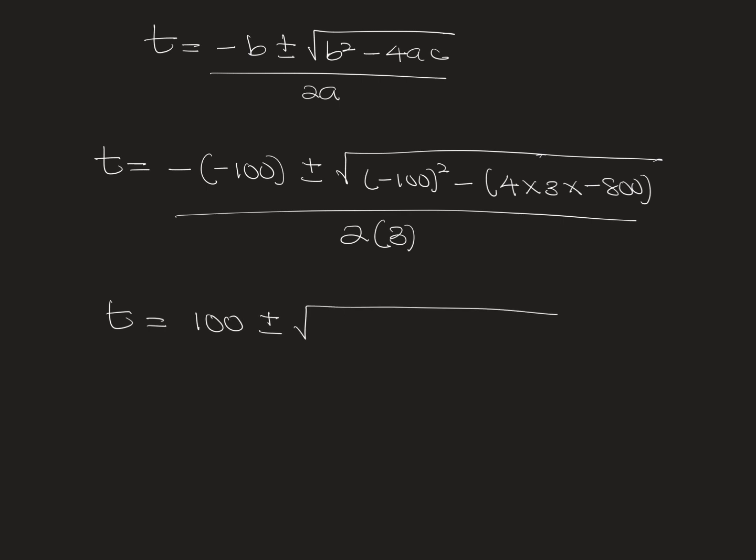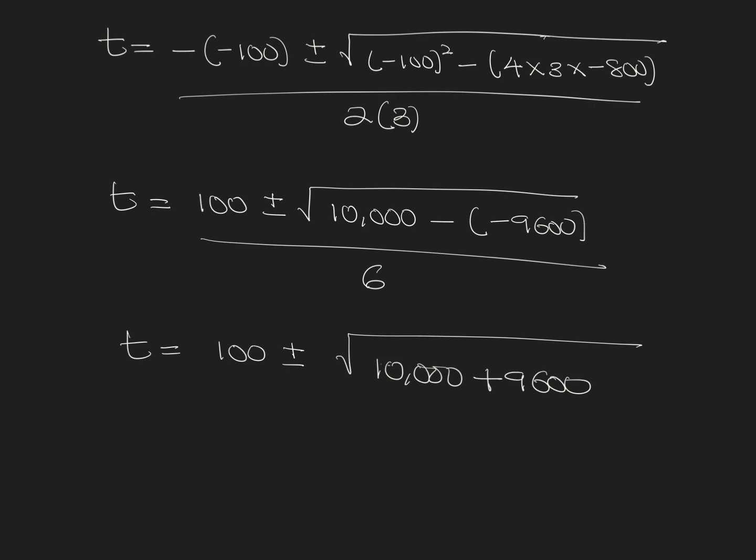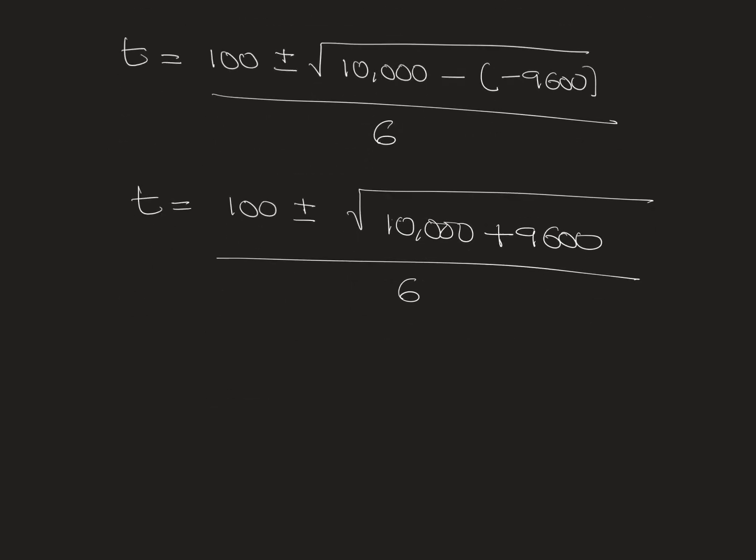or minus the square root of minus 100 squared, which is 10,000, minus 4 times 3 times minus 800, which gives minus 9,600, all over 2 times 3, which is 6. So t is equal to 100 plus or minus the square root of 10,000 minus minus will be positive, so that will be positive 9,600, all over 6.